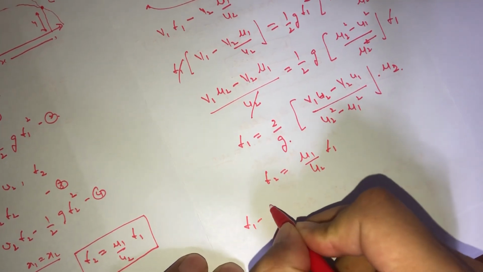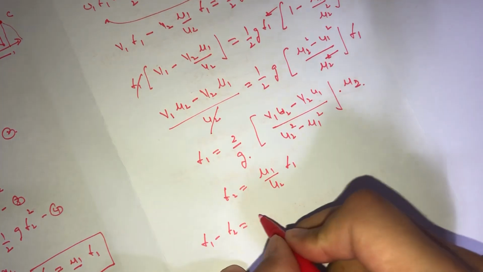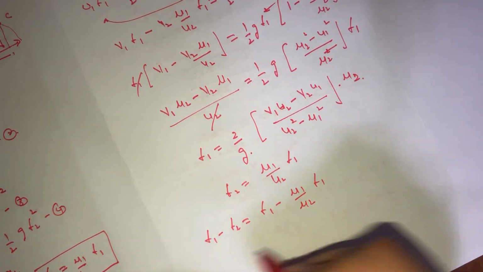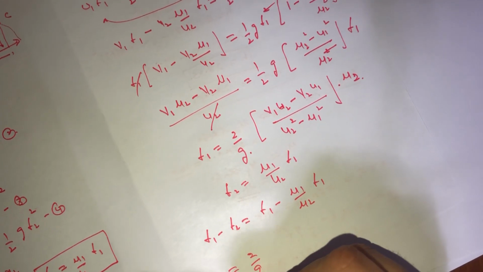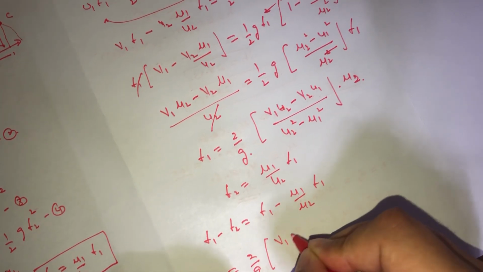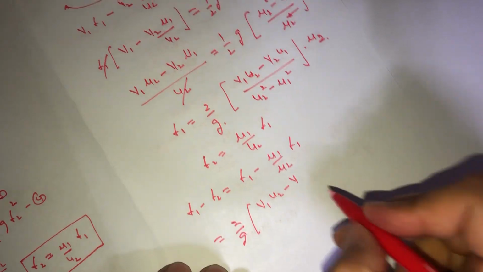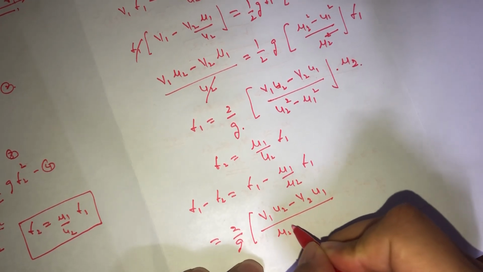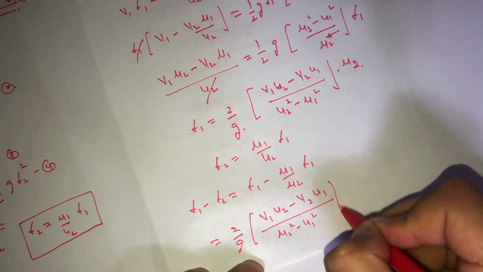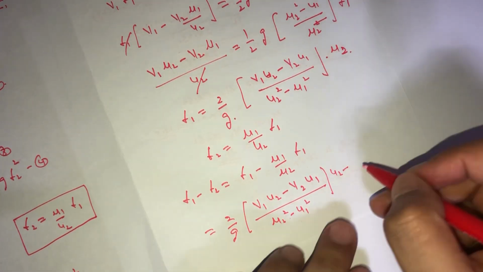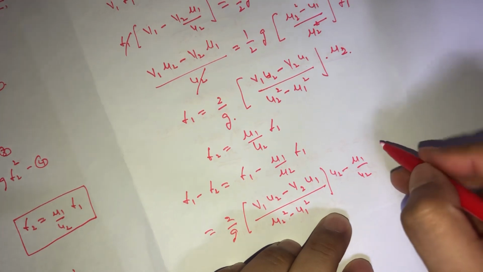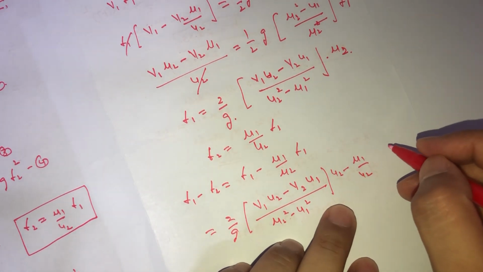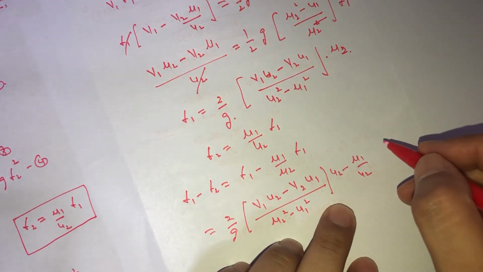We write t1 minus t2 is equal to t1 minus u1 by u2 into t1, with t1 given by 2 by g times v1 u2 minus v2 u1 divided by u2 square minus u1 square times u2.